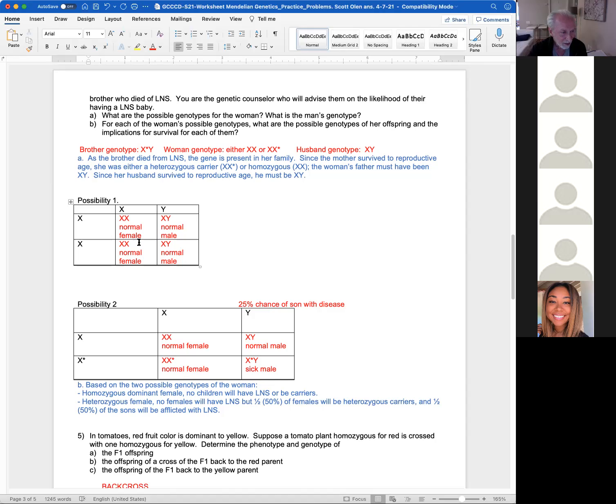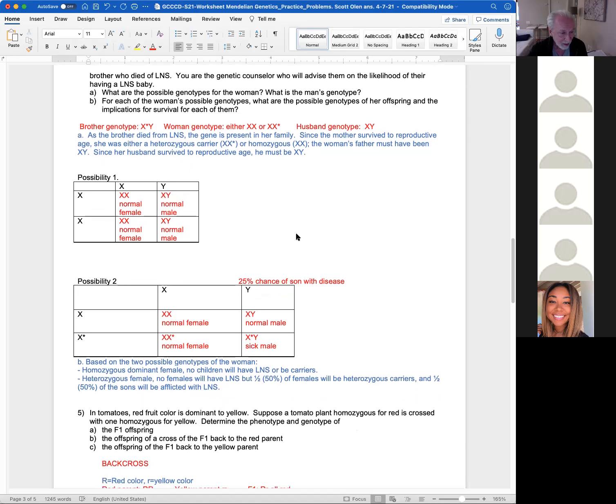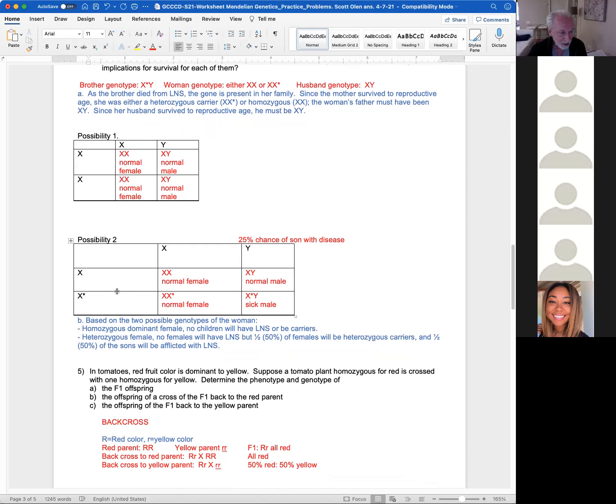There'll be no mutations if the wife does not have the mutation. However, if she does, you have a normal female XX, a normal male XY, a normal female XX star, and a sick male. And again, I should say this normal female is not really normal. She would be considered a carrier.